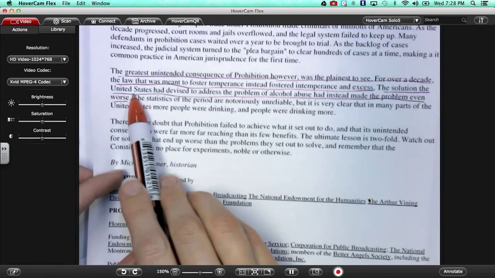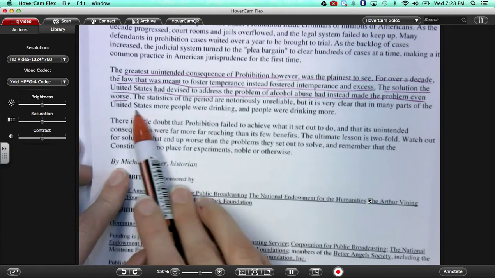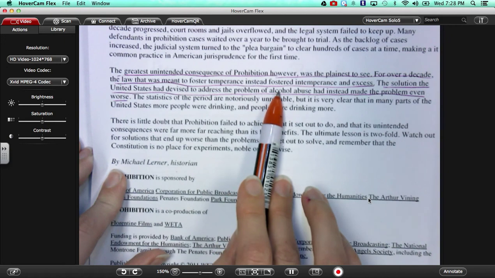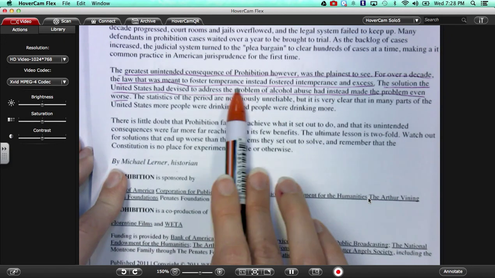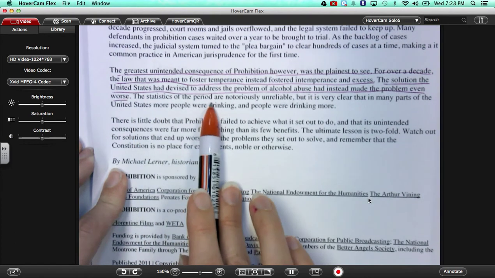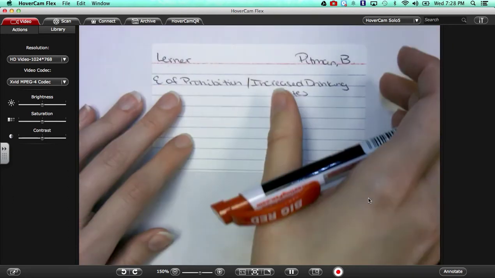Ironically, the greatest unintended consequence of prohibition, however, was the plainest to see. For over a decade, the law was meant to foster temperance, instead it fostered intemperance and excess. So temperance is not drinking alcohol. The solution the United States had devised to address the problem of alcohol abuse had instead made the problem even worse. So that's something good for my paper.